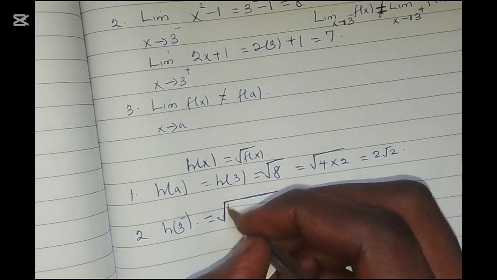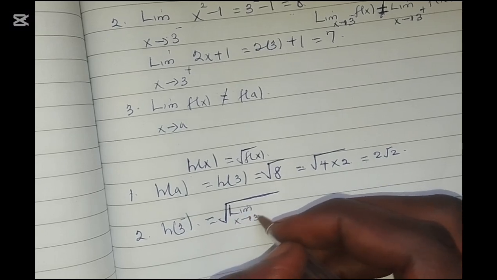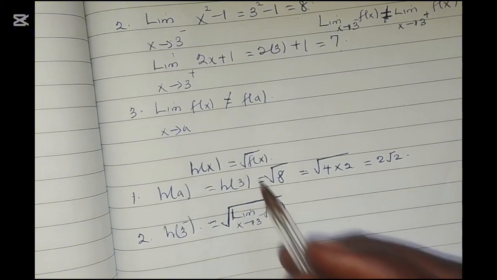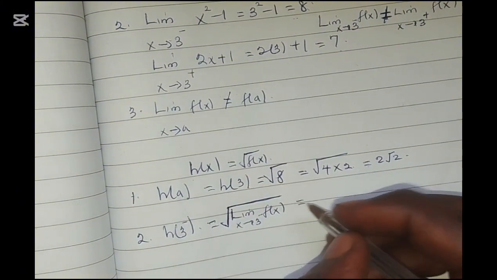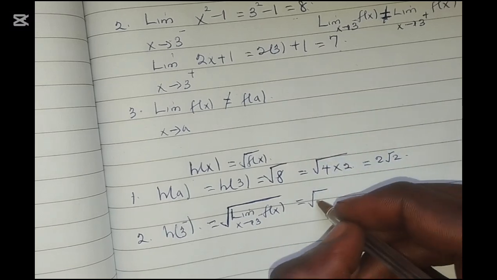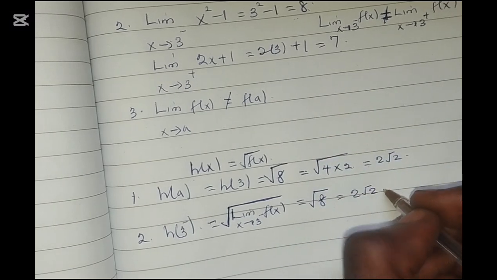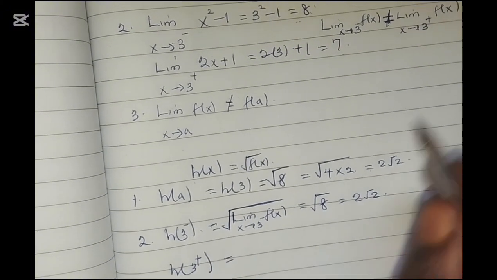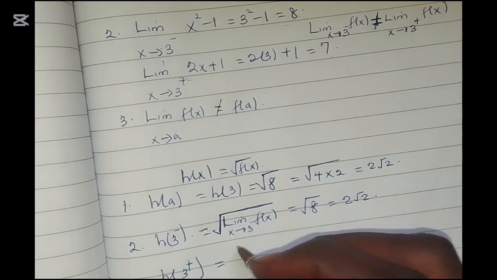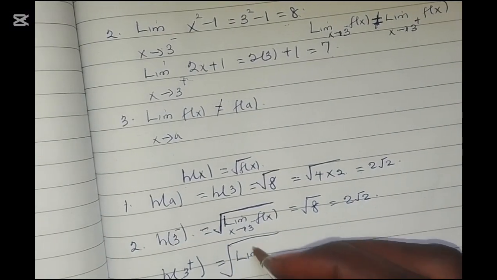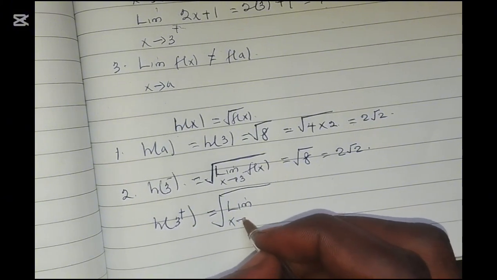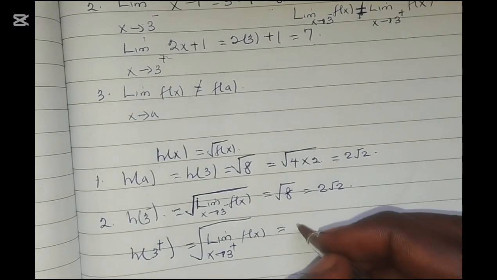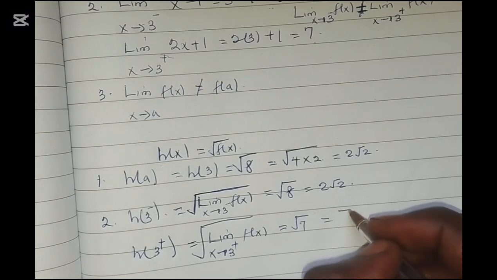So we have root of the limit as x approaches 3 from the left of f of x, which gives us root of 8, which is 2 root of 2. And from the right we use this one. So we have the root of the limit as x approaches 3 from the right of f of x. What do we get there? We got 7. So that will be root of 7, which stays as root of 7.